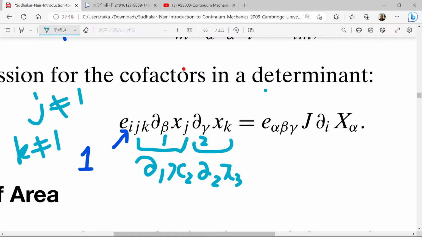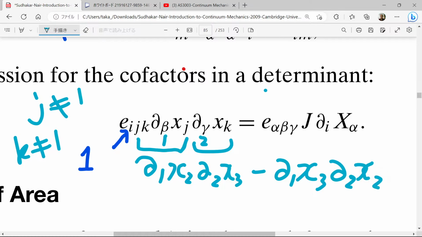Then we have minus sign because we have switching. Now, sorry, this is beta is 1. So J is 3, gamma is 2, K is 2.